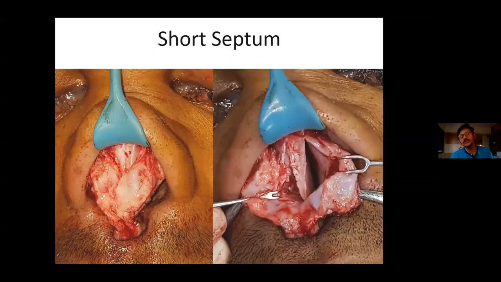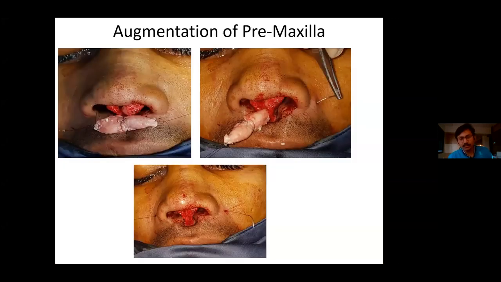And in addition, you also have to augment the premaxilla. So in this case, we augmented the premaxilla with the help of diced cartilage wrapped in fascia. One piece was kept on the premaxilla and one piece was kept on the dorsum.